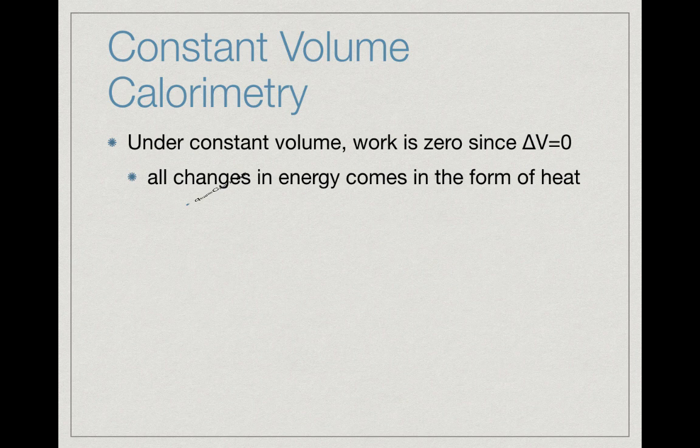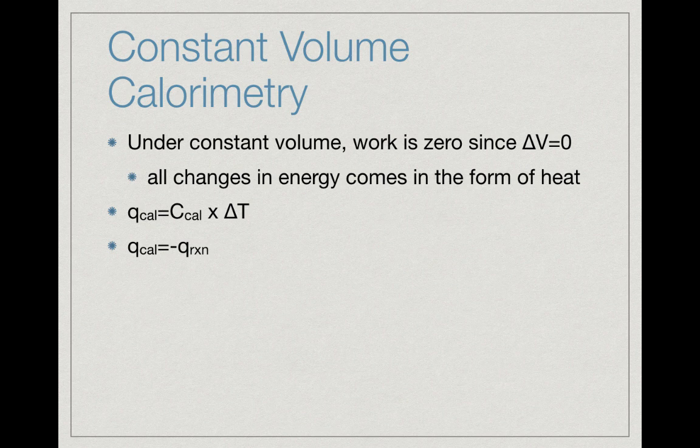So what we end up with for our equation is that the Q of the calorimeter is going to equal the specific heat of the calorimeter times delta T. So we're just looking strictly at the change of temperature and the heat capacity of the calorimeter itself, and that tells us how much heat is gained by the calorimeter, and any of the heat gained by the calorimeter must have come from the reaction.